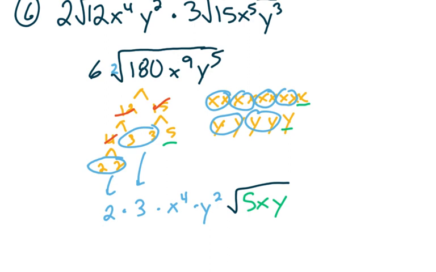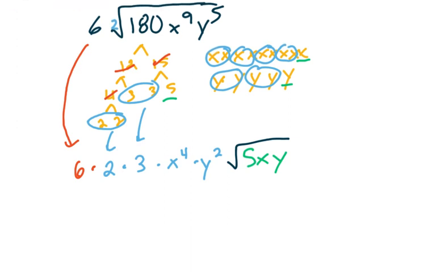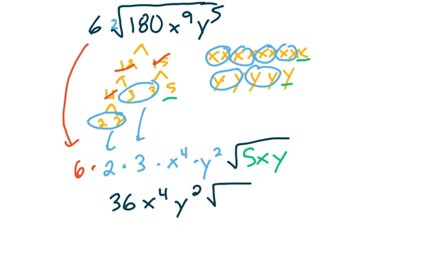Now what makes this a little bit different than what we did in the past is we still have this 6 on our outside that we still have to multiply. So the number on the outside should be 6 times 2 times 3, x to the 4th y squared, square root of 5xy. 6 times 2 is 12, times 3 is 36. So this is 36x to the 4th y squared, square root of 5xy.